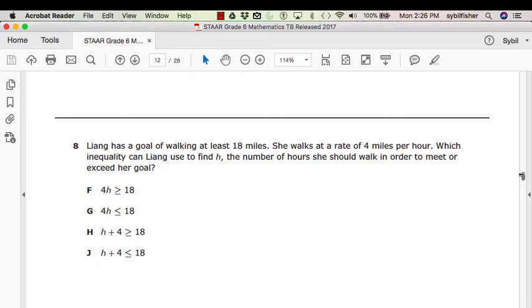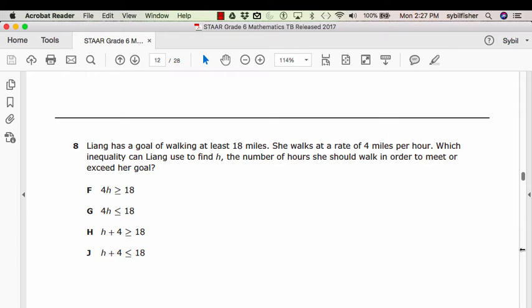Number 8. Liang has a goal of walking at least 18 miles. She walks at a rate of 4 miles per hour. Which inequality can Liang use to find h, the number of hours she should walk in order to meet or exceed her goal?